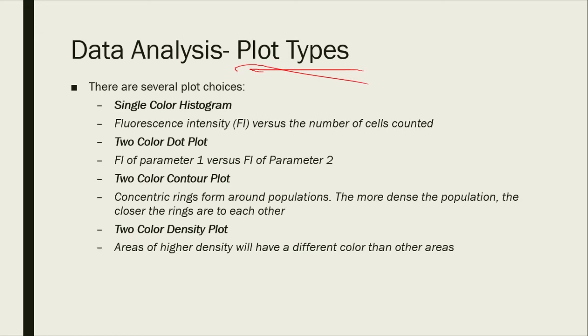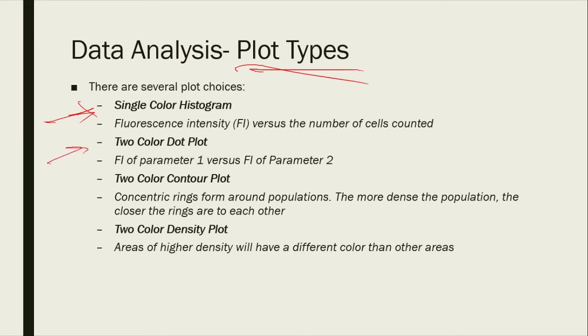Okay, single color. It is when you have one fluorescence, basically just looking at intensity. If there's an antigen bound to it, there's more antibody bound to a particular antigen, more binding, more signal, the higher the signal. The less binding, the less signal, the lower the signal.